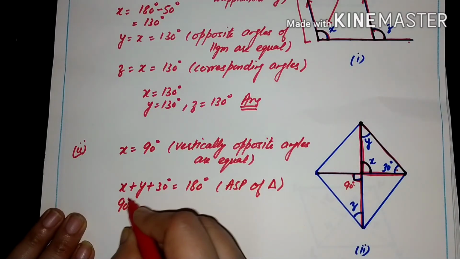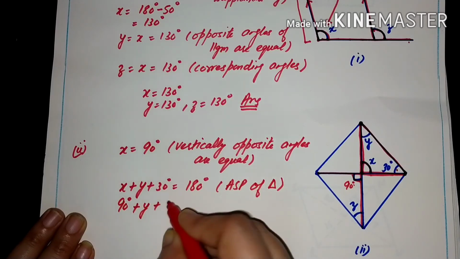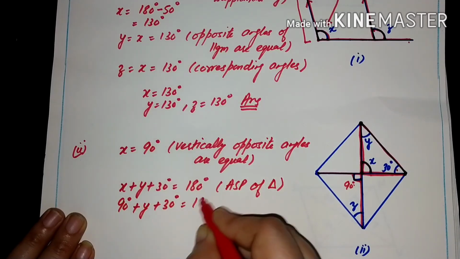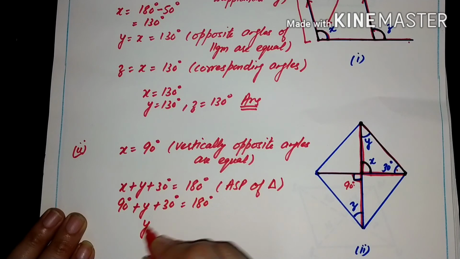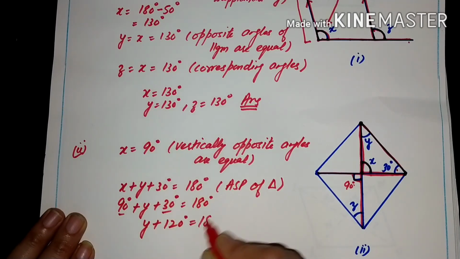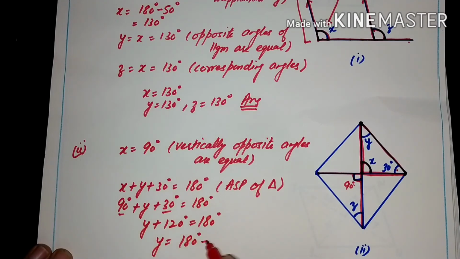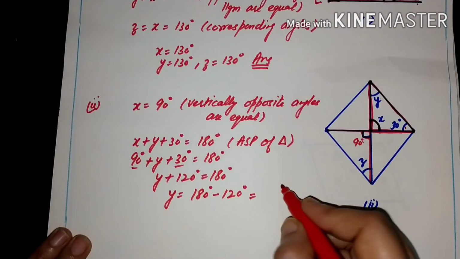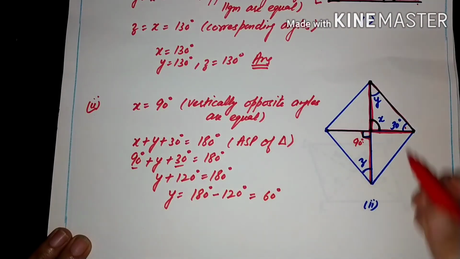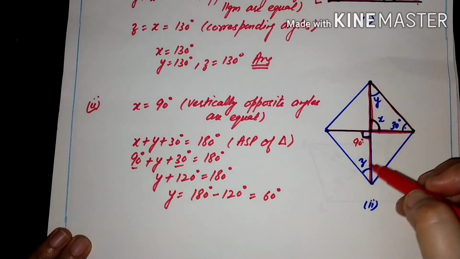Now the value of x is 90, so y plus 90 plus 30, that is 120, is equal to 180 degree. y will be 180 degree minus 120 degree, that is equal to 60 degree. So we have got the value of y also.